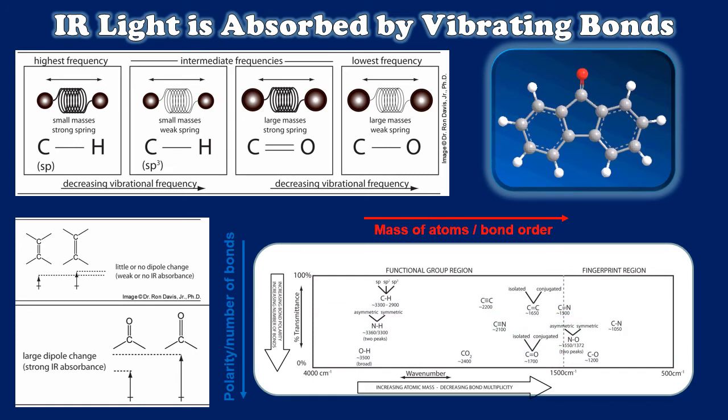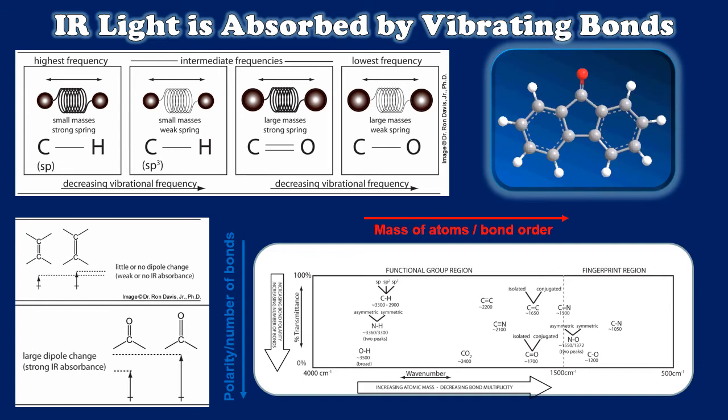Similarly, we have certain trends that we can follow along the x-axis. For example, much smaller pairs of bonded atoms absorb at higher wave numbers, whereas these much larger bonded atoms absorb in regions where we expect lower frequencies. And this trend continues and follows the bond multiplicities as well.